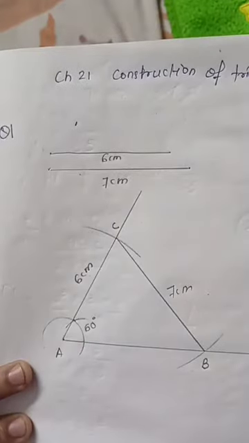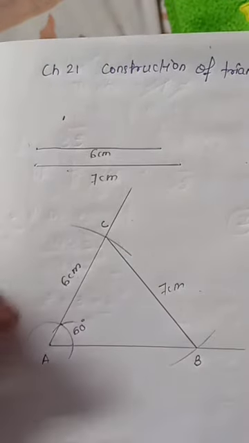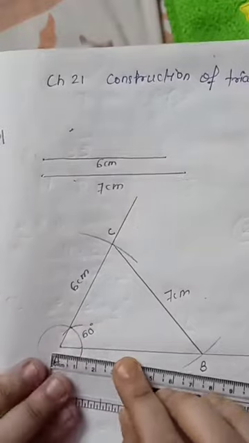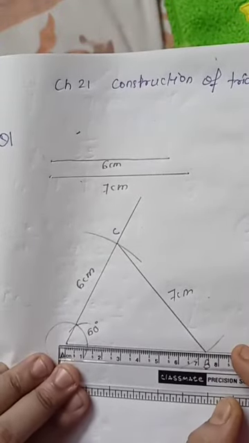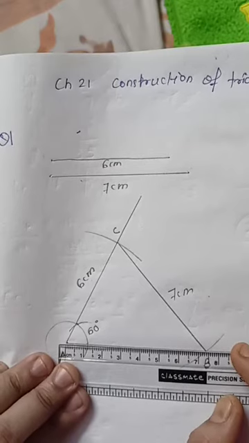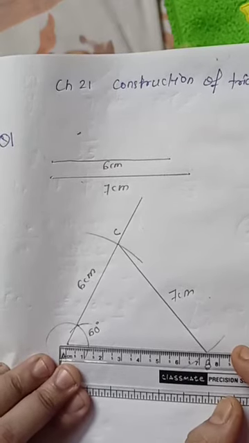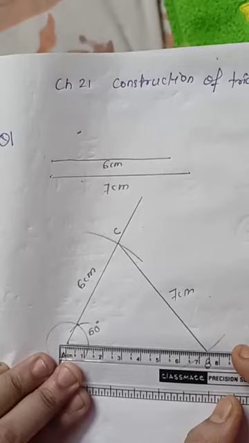If I name the triangle as triangle ABC, the question is telling me to find the length of the other side, that means the side BC. The question is asking me to find out. You can see here, it's coming as 7.4 or 7.5 approximately, as you all can see.